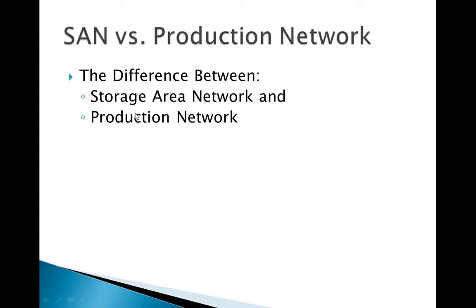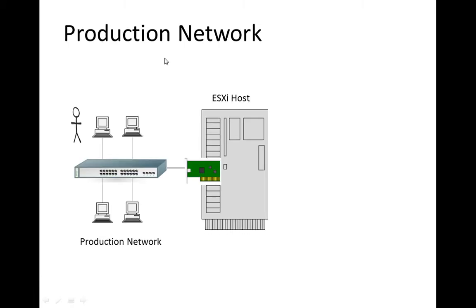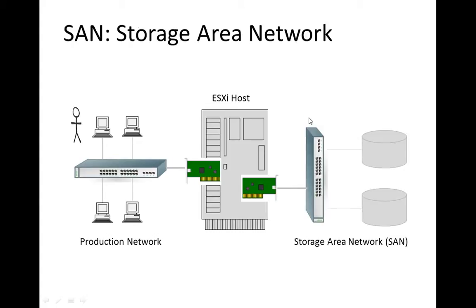The difference between a storage area network and a production network: a production network carries traffic from users to virtual machines on the ESXi host. But a storage area network carries data from the virtual machines to the disk array.